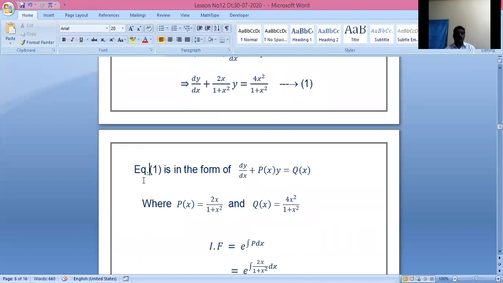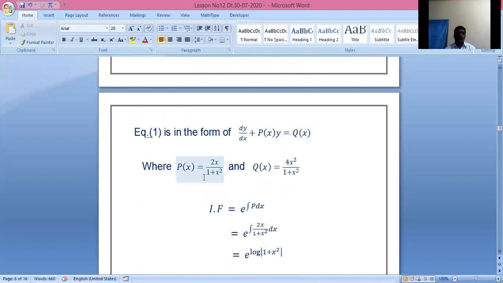Now, equation 1 is of the form dy by dx plus p of x into y is equal to q of x, where p of x is equal to 2x by (1 plus x square) and q of x is equal to 4x square by (1 plus x square). IF is equal to e to the power of integration p dx.